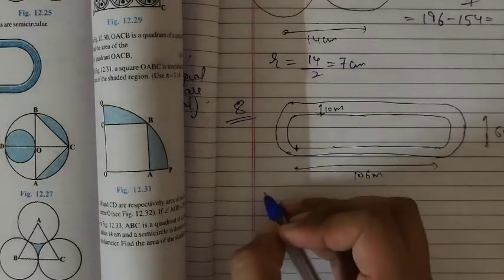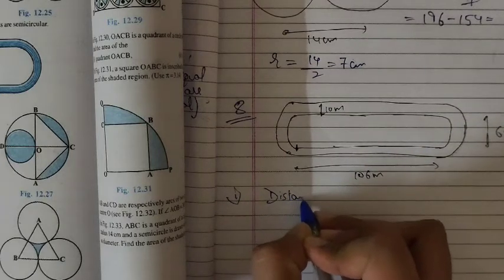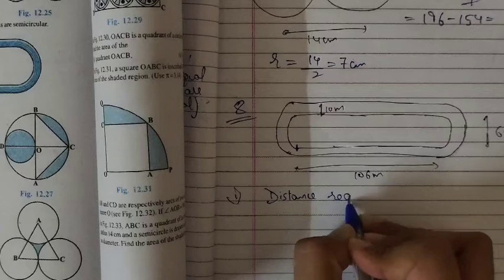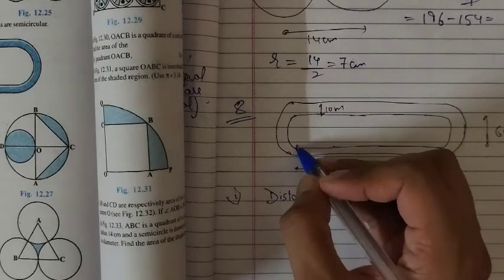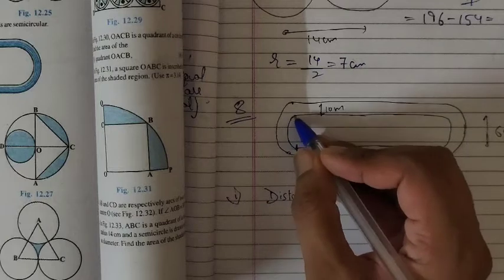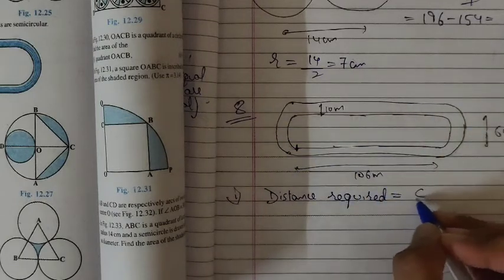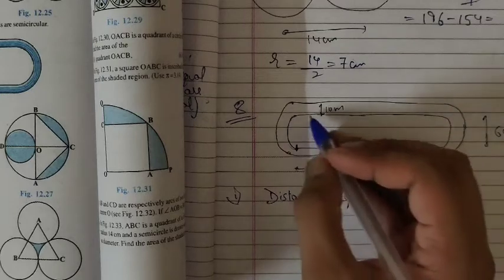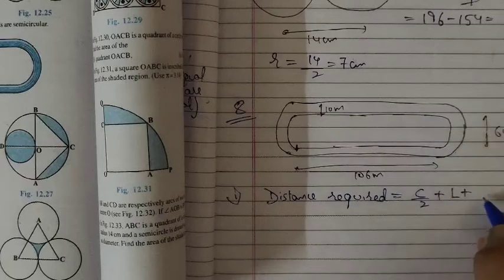So in the first part, the required distance is equal to, if we start from this point, half of the circumference of a semicircle, C by 2, plus this length, plus again C by 2, and again length.